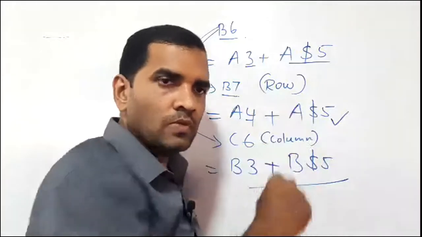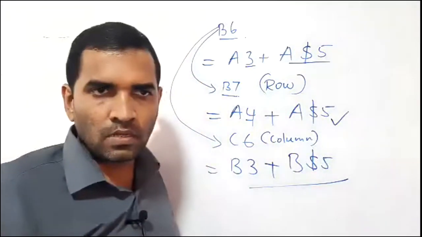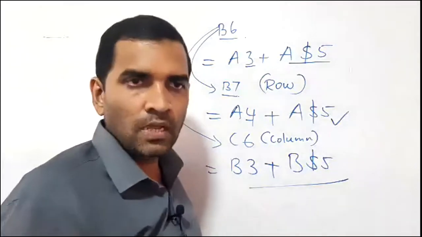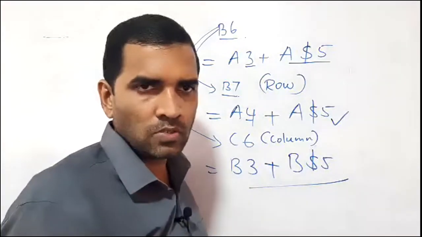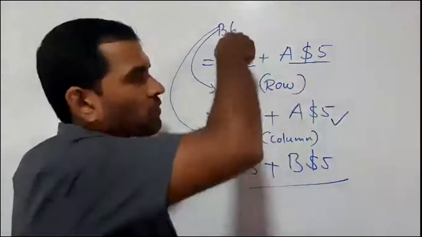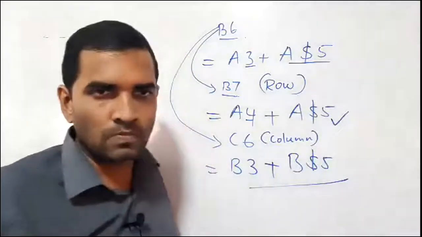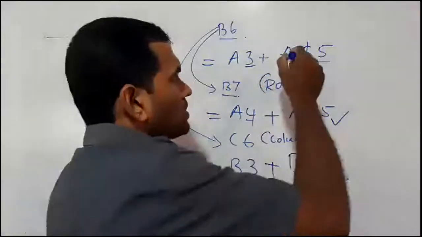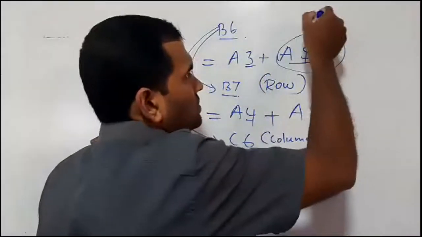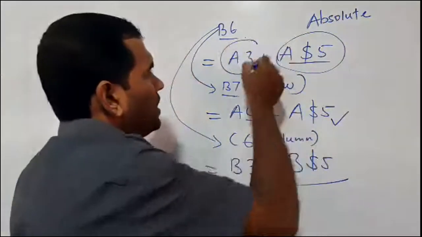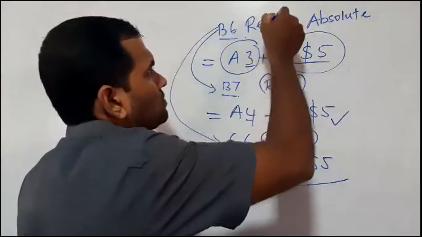So it suits our absolute cell address definition: the cell address is not changed when the formula is copied. When the formula is copied from B6 to B7, no changes occur. This is absolute. So this cell address can be called an absolute cell address, and this cell address can be called a relative cell address.